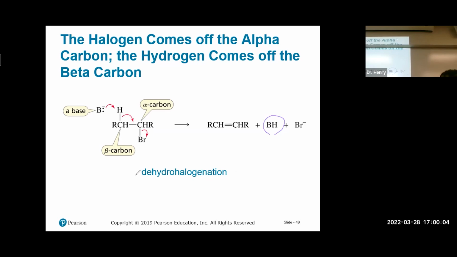Okay, so this process is called dehydrohalogenation. Dehydro because we're getting rid of that hydrogen, right? We're removing that hydrogen, dehalogenation. You're removing the hydrogen and you're removing that bromine, right?